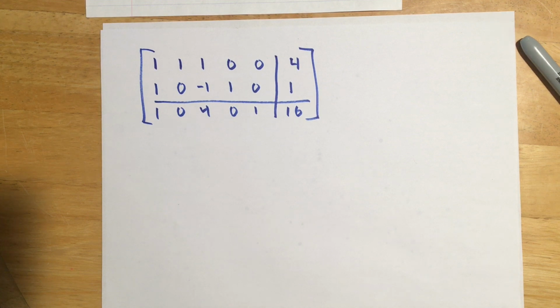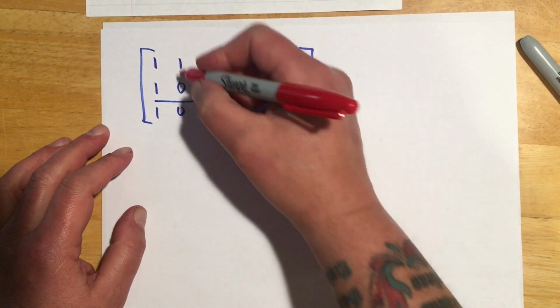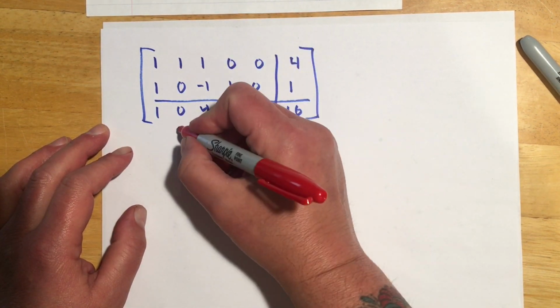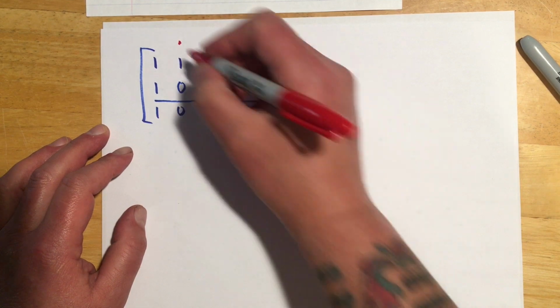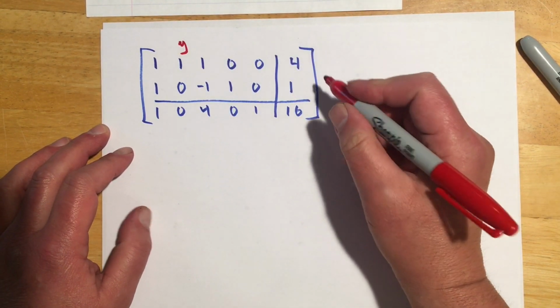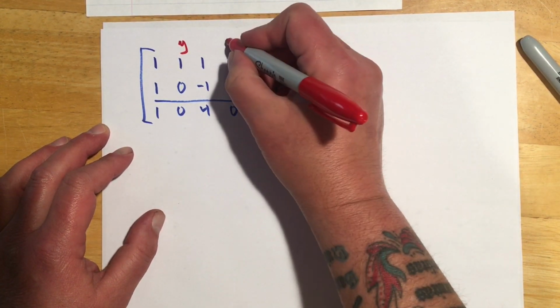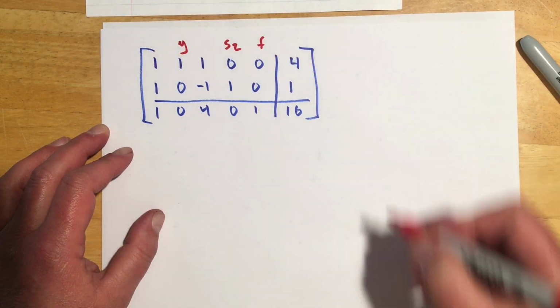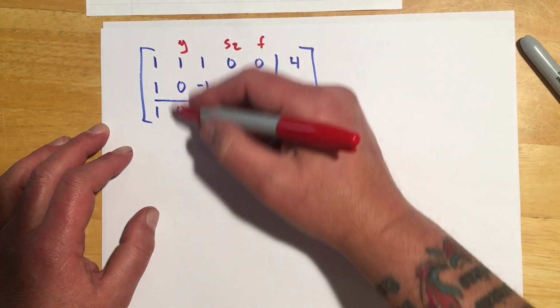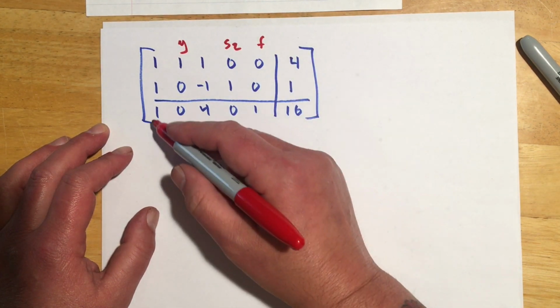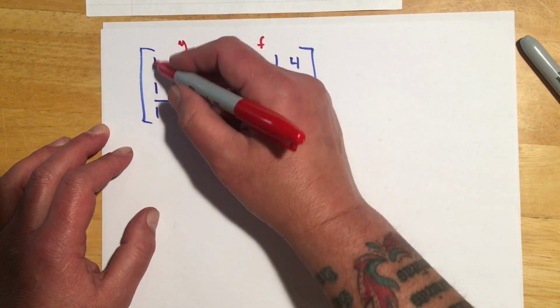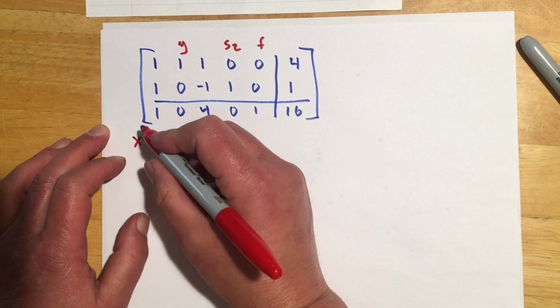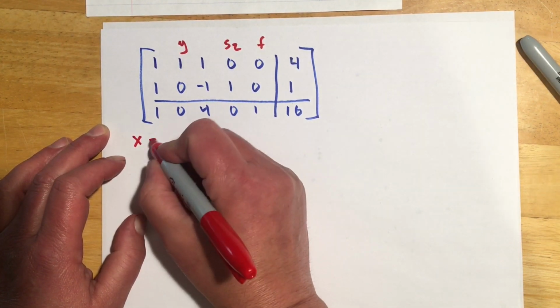So what that means is, remember the basic variables are the columns containing 1s and 0s. So right here, I'll just label it. How about Y? This was S2, and this was F. And so those are the ones that are the 1s and 0s. So this is non-basic, so we set those to 0.